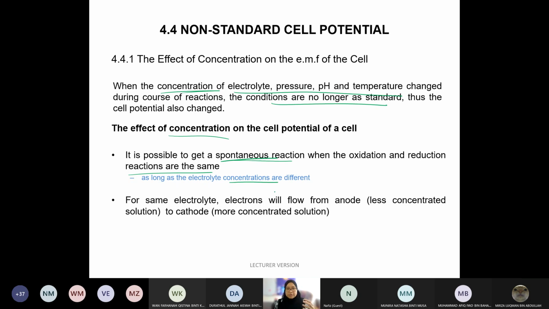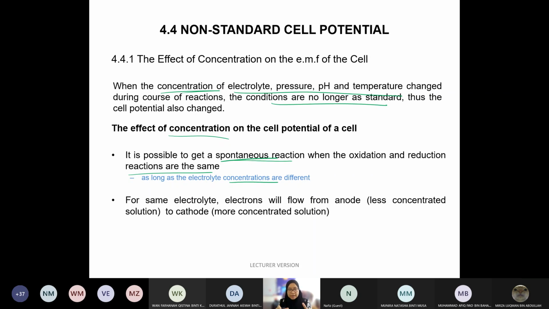Okay, you boleh imagine tak? Normally yang galvanic cell previously, we would have different species kan, different ions lah. For example, zinc dengan copper, and the way that the electron flows is based on the difference in electrode potential kan.